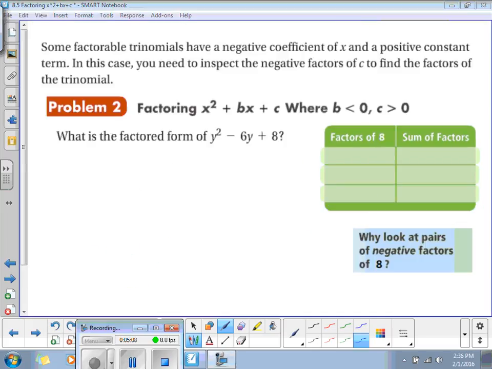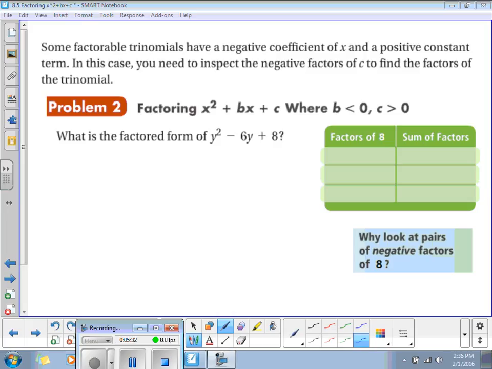Problem 2 is factoring x squared plus bx plus c, where b is less than 0 and c is greater than 0. So here it says sometimes factorable trinomials have a negative coefficient of x and a positive constant term.